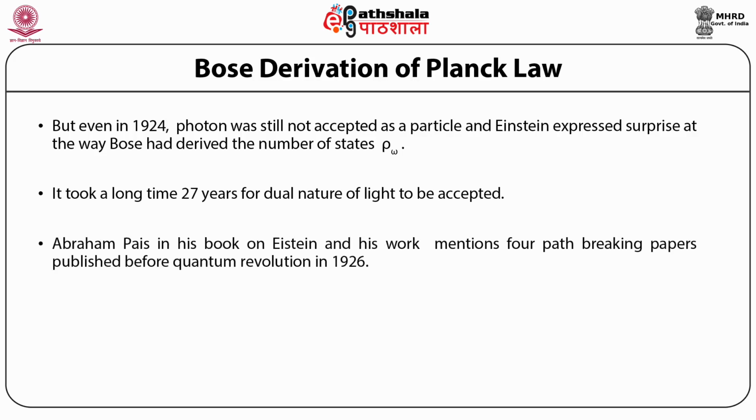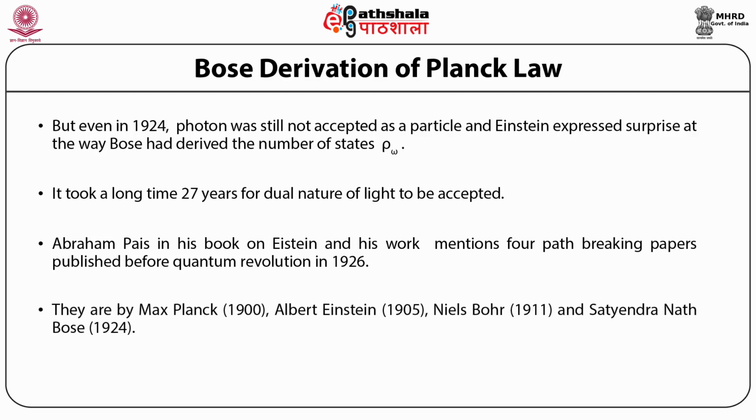Abraham Pais, in his book on Einstein and his work, mentions 4 path-breaking papers published before the quantum revolution in 1926. They are, first one by Max Planck in 1900, then on the photoelectric effect by Albert Einstein in 1905, then Bohr's derivation of the energy levels in 1911, and that of Satyendranath Bose in 1924, deriving the Planck's law.